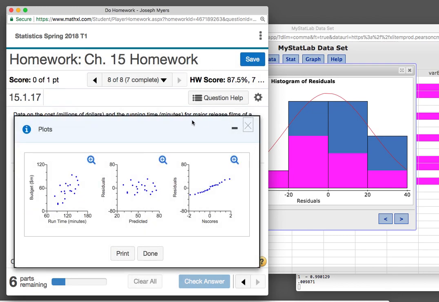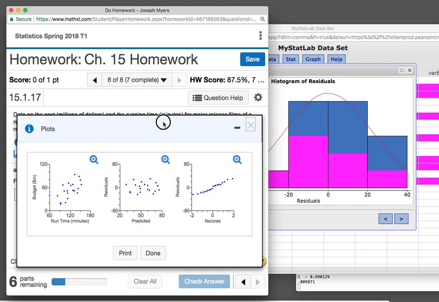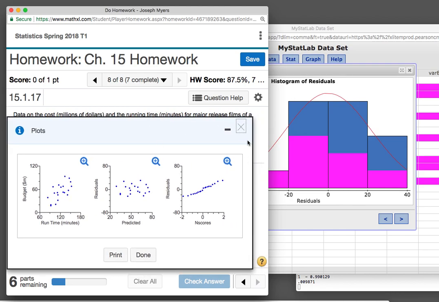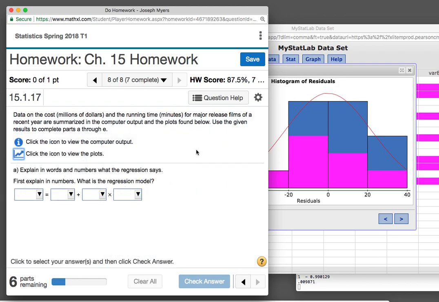plots. Runtime predicted n-scores. Okay.